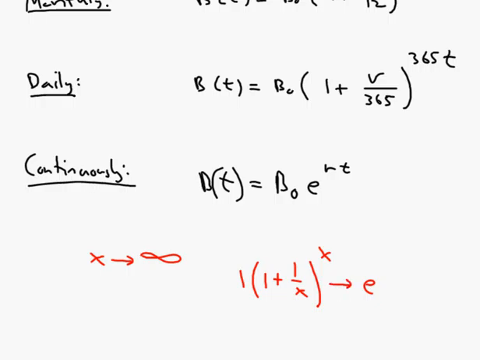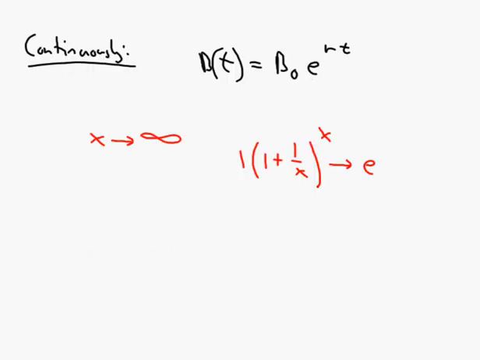But this is the first introduction to the idea of a limit, sort of saying, hey, what happens when x gets really, really huge to this expression, and it starts to get close to this number E that we talked about.